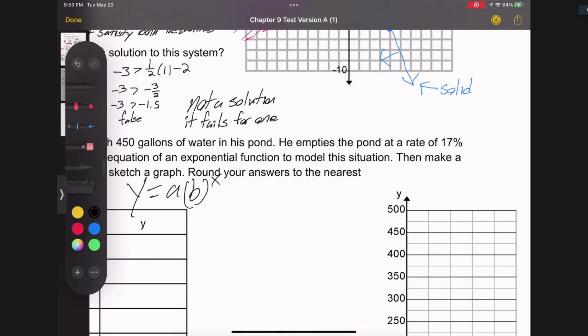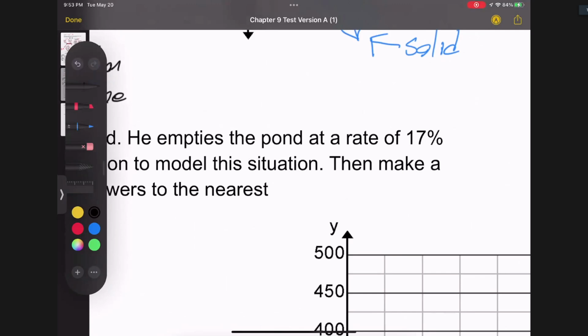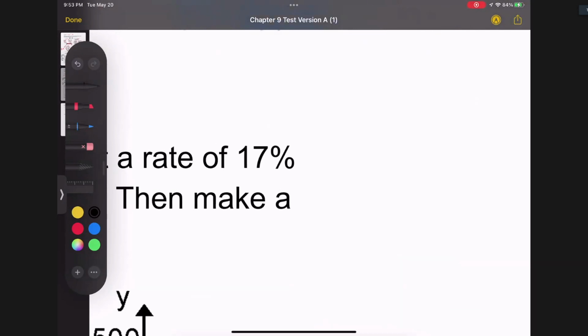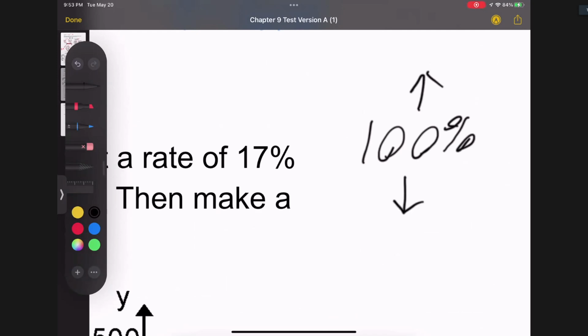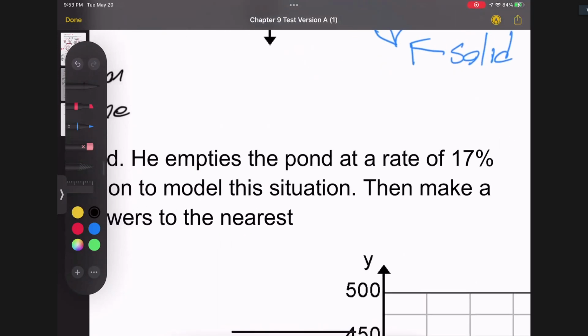Now, when you say increase or decrease, you are increasing or decreasing from 100%. It is either going to be going above 100% or below 100%, and it all depends on the wording. In this case, it says the word empties. When you think of emptying, do you think of increasing or decreasing?